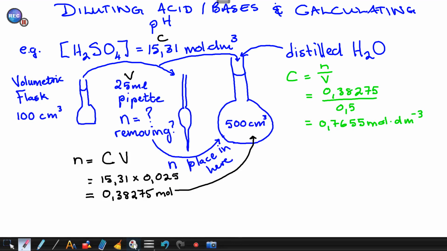The moles that you take out of the first solution would be equal to the moles that you put into the second solution. So this is the second solution's concentration and volume, but the n for the second solution is the same as the n for the first solution.